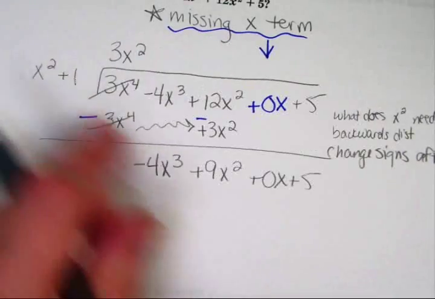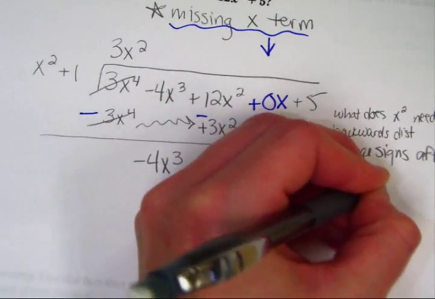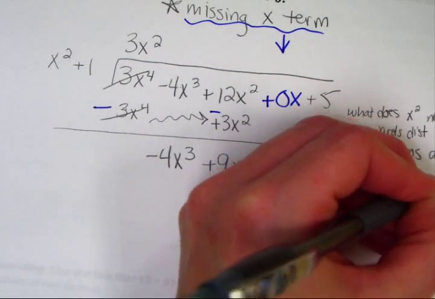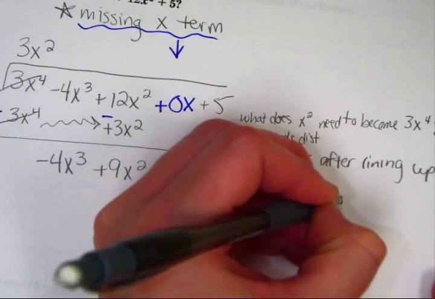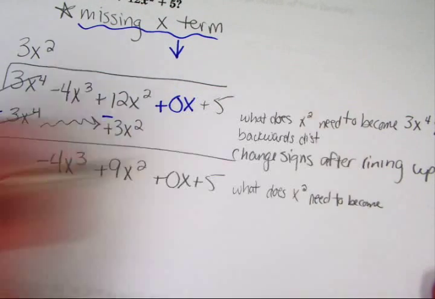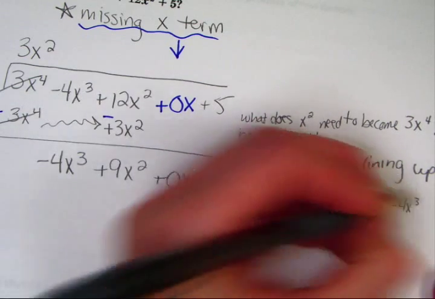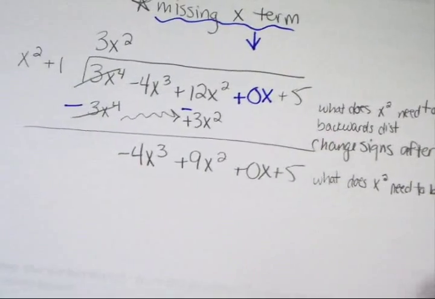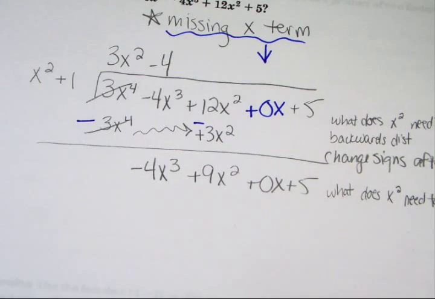Now, you go again and you ask yourself, what does x squared need to become negative 4x cubed? Okay. Well, we know that it needs a negative sign, a 4, and another x.